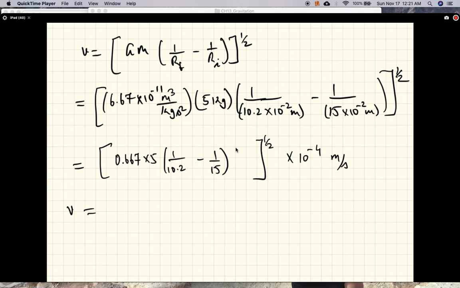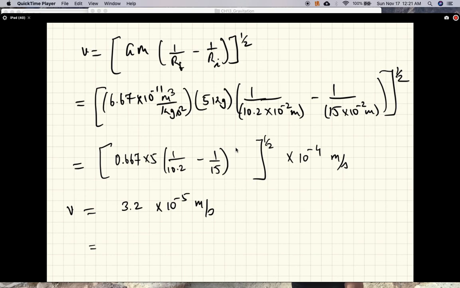Okay, so this works out to 3.2 times 10 to the minus 5 meters per second.